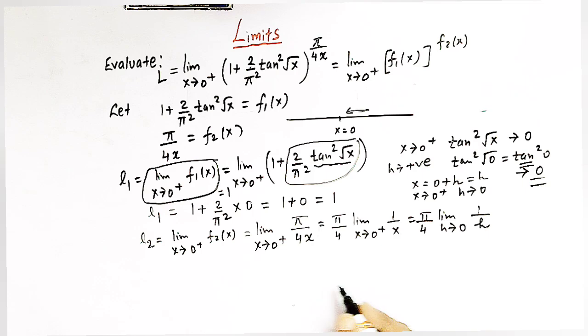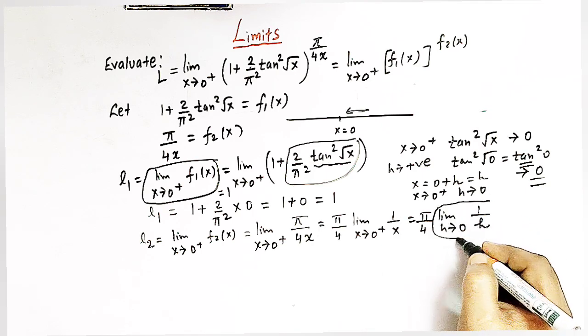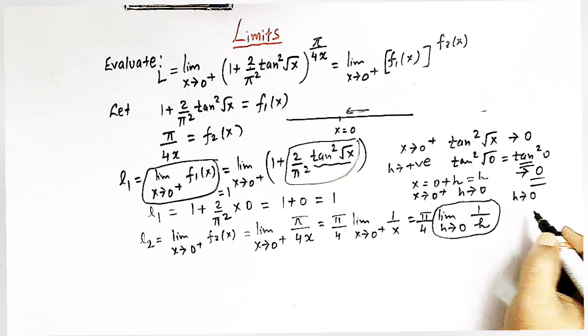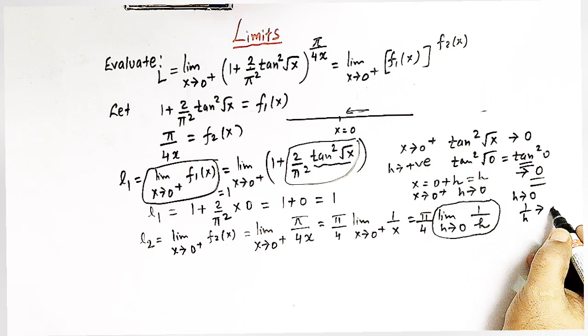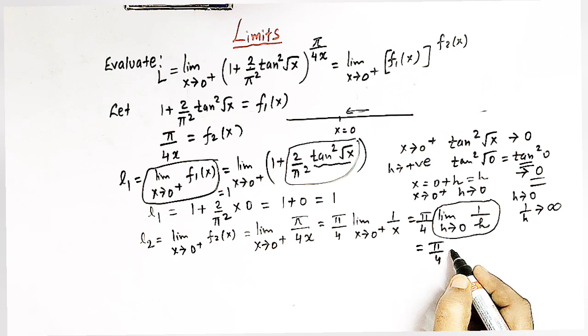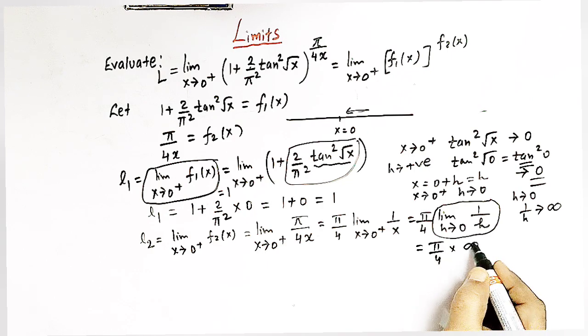So here we have 1/h. So now this limit tends to infinity, because when h tends to 0, 1/h tends to infinity. So we have π/4 times infinity.